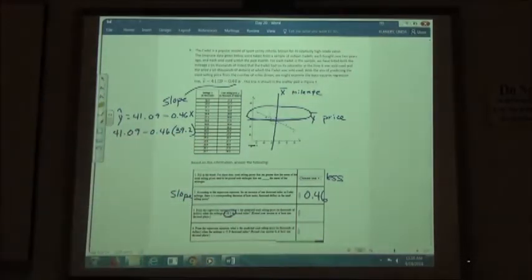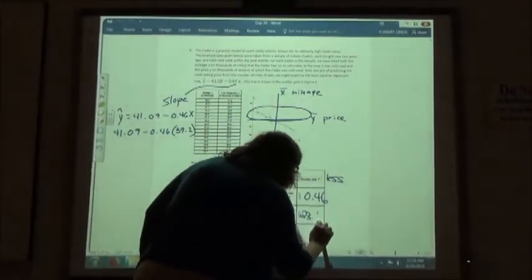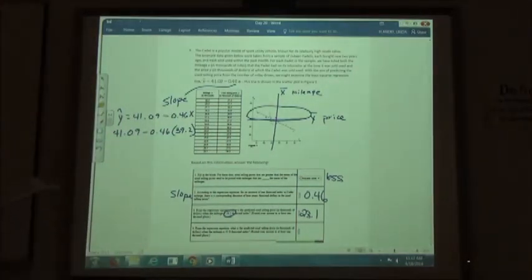Just plugging that value into my regression equation, I'm going to predict what it might be. So if I put that number in there, 41.09 minus 0.46 times 39.2, rounding to 1 decimal place, my answer would be 23.1.